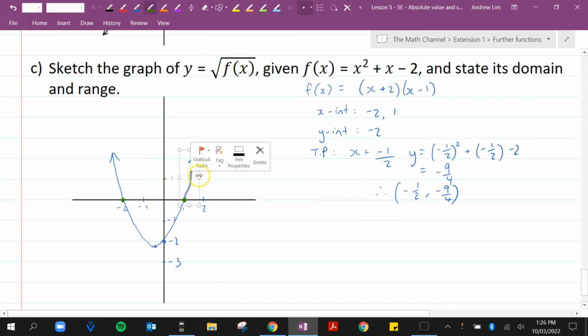Square root of 1 is just 1. And this section here is less than 1, so when we square root it, it's going to lie above. And then all of that will be below.